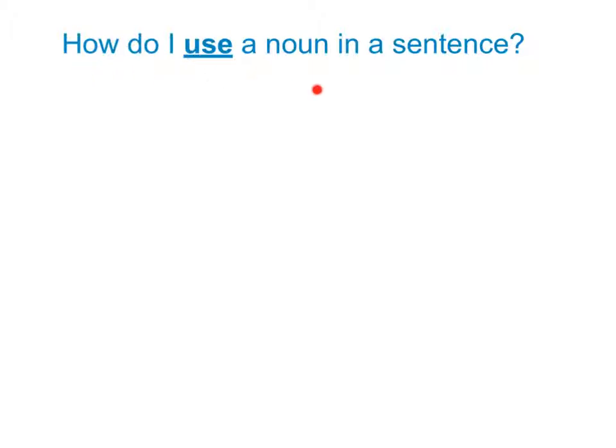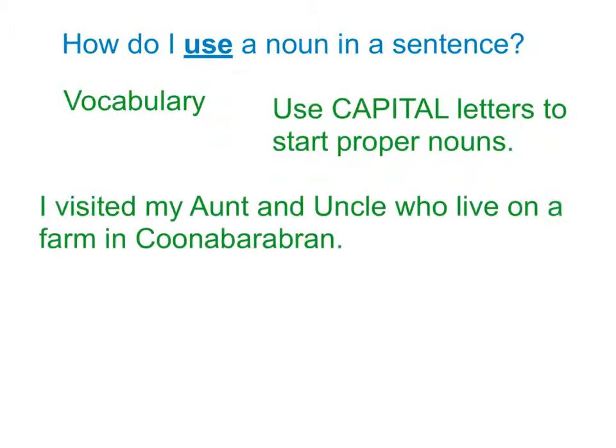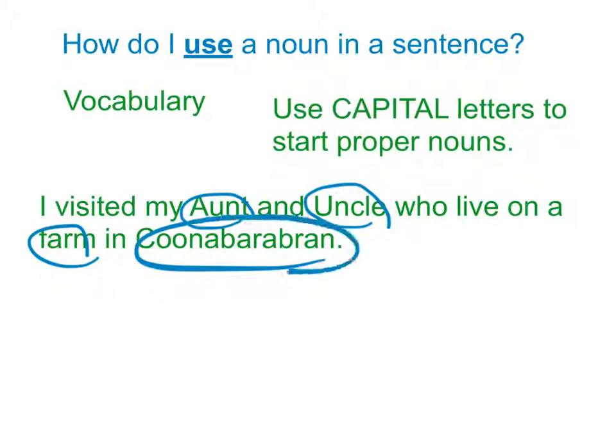How do I use a noun in a sentence? Well, this is the fun bit. This is where you get to show off your vocabulary. And it's where teachers get really narky because you have to use your capital letters on the proper nouns. But really, it's up to you how you use a noun in a sentence. Maybe you want to tell people that you visited your aunt and uncle who live on a farm in Coonabarabran.